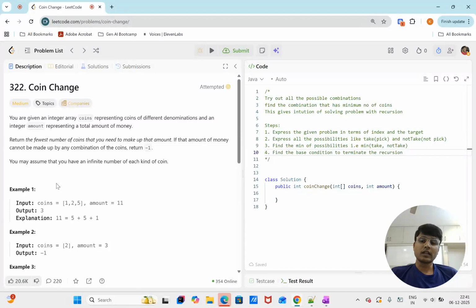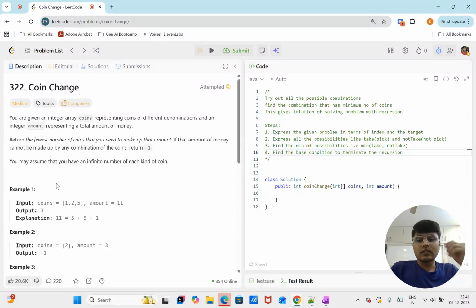There could have been another combination with 5 coins of 2 and 1 coin of 1, then 5 plus 1, 6 coins. Or take 11 coins of 1 and make the amount 11. So out of all the possible combinations, 5 plus 1 is the one which has the minimum number of coins.